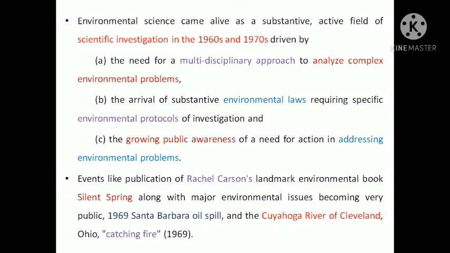Events like the publication of Rachel Carson's landmark environmental book Silent Spring, along with major environmental issues, became very public. In 1969, the Santa Barbara oil spill and the Cuyahoga River of Cleveland, Ohio, catching fire in 1969. All these focused on the study of environment and environmental studies in multidisciplinary approaches.